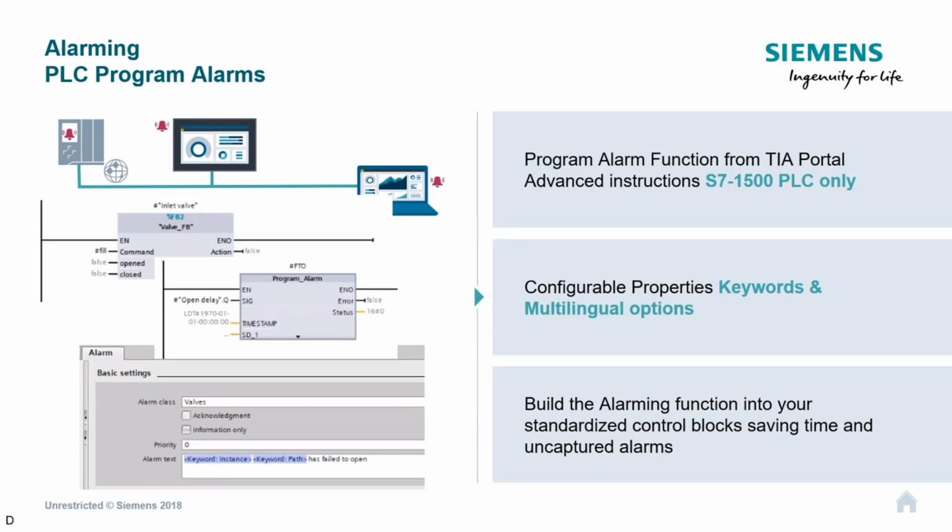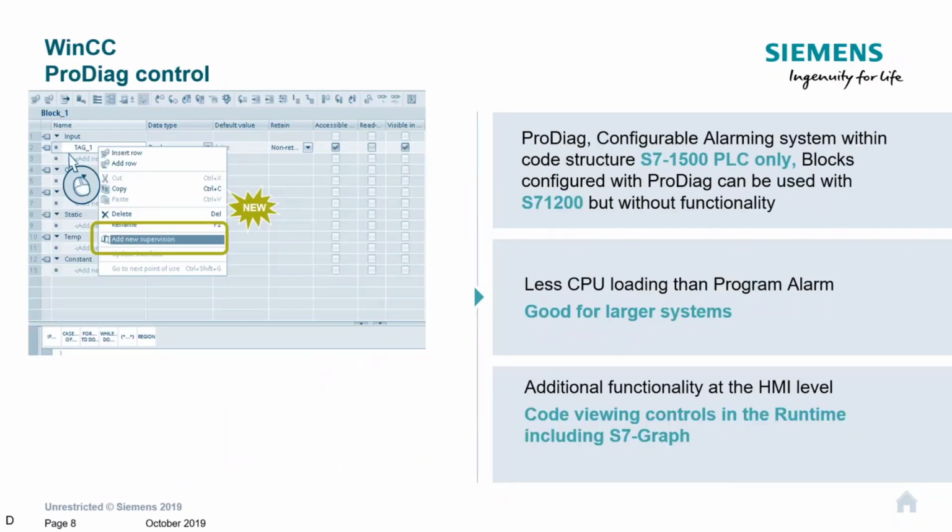For us today, though, we're just going to move on another layer now, and move into ProDiag. So again, fundamentally, this is an alarming system. It works very similar to PLC alarms, in that it is designed and constructed in the PLC area, not the HMI area. But this is much more of a configurable alarming system.